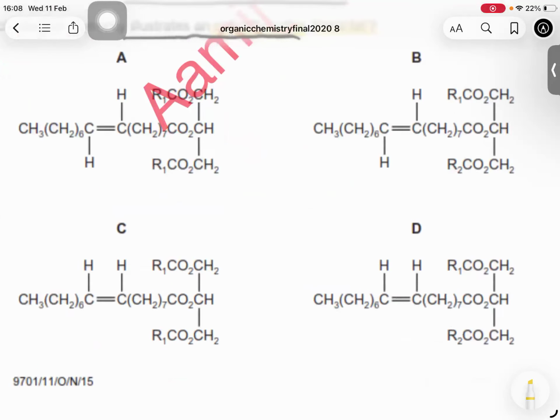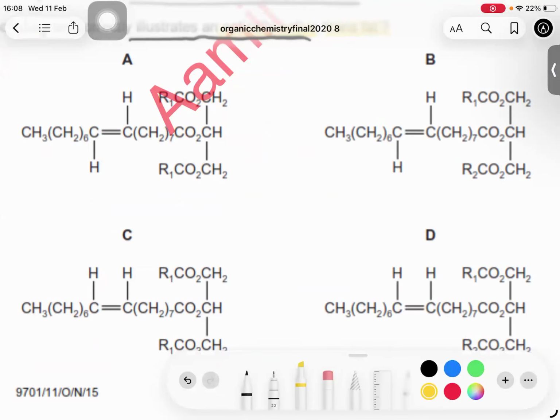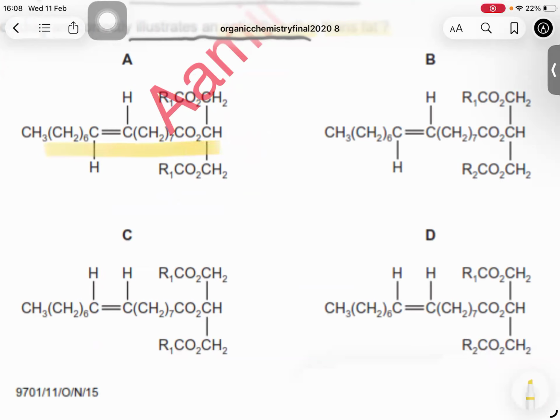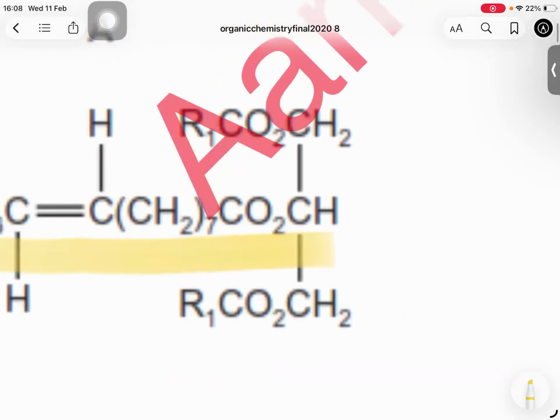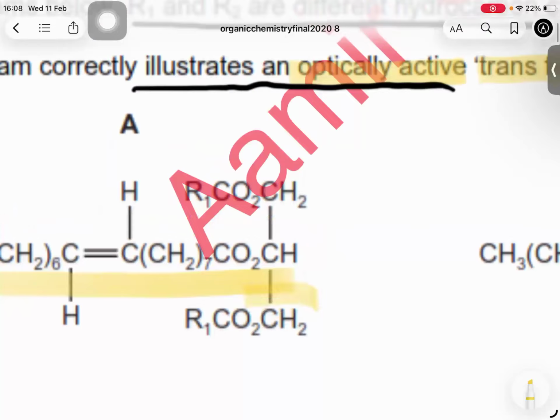Look at the chiral carbons. कोई chiral carbon है इसमें? ये ऊपर और नीचे R1 CO2 CH2 और R1 CO2 CH2, they are the same groups.